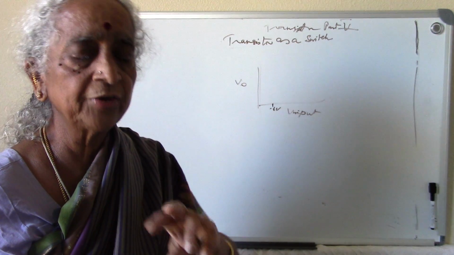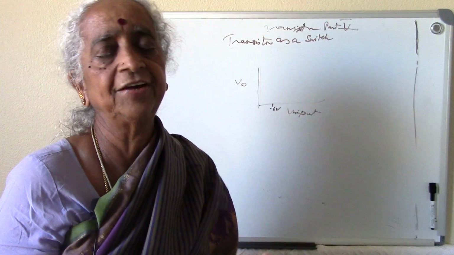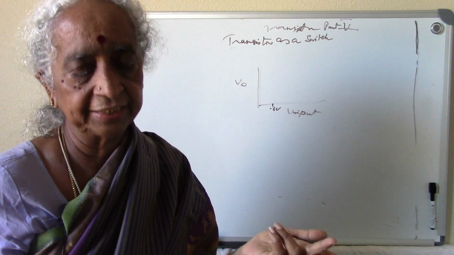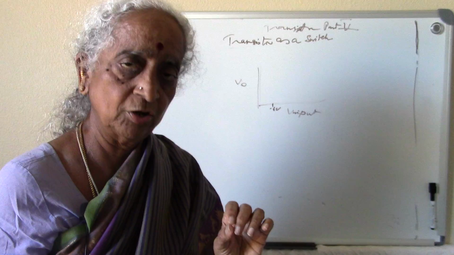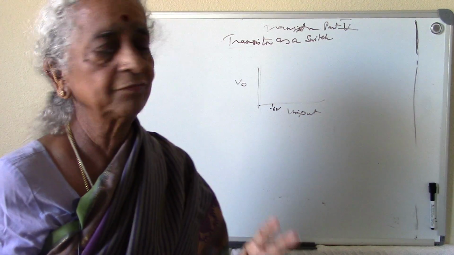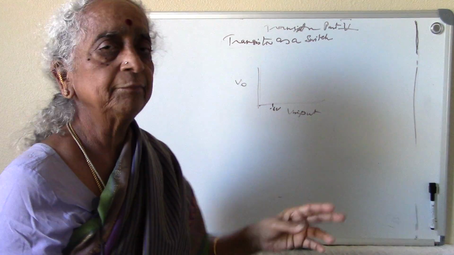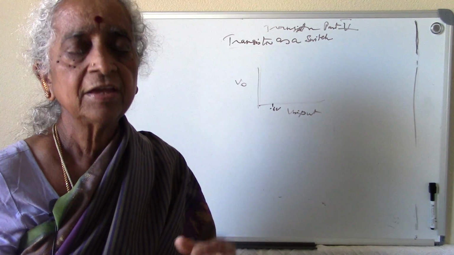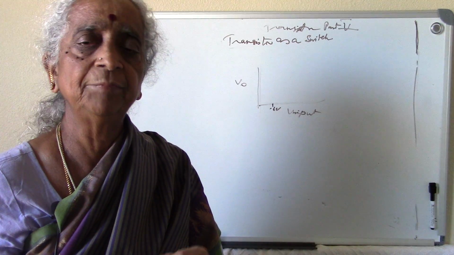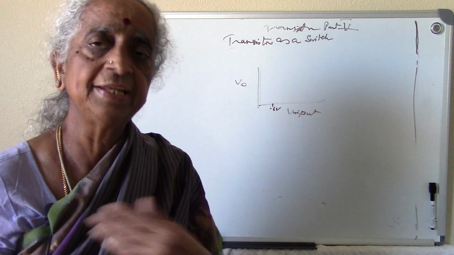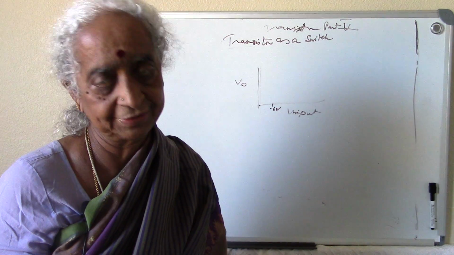So if you include the LED in the path of IC in the output section of the transistor, the LED will not glow, namely the transistor will be off. But because ICRC is minimum, VCC minus ICRC will be VO, and VO will be equal to VCC, or VO will be maximum.